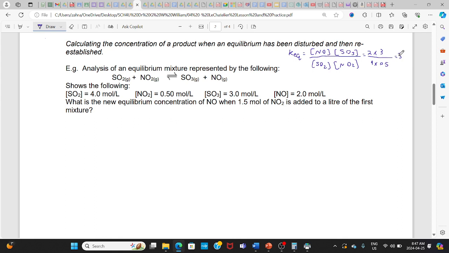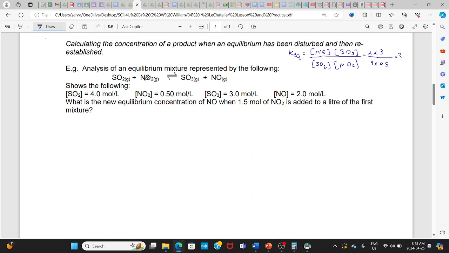Now I need to establish the ice table, right? Before I do that, if I add 1.5 mole of NO2 to the system, what will be the direction of this reaction? Will it shift forward or backward? You're putting more NO2 here.